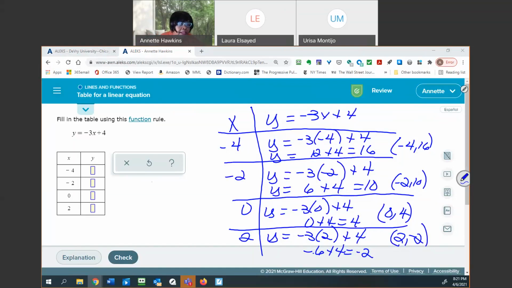All right, it says identify the solutions to the linear equation.